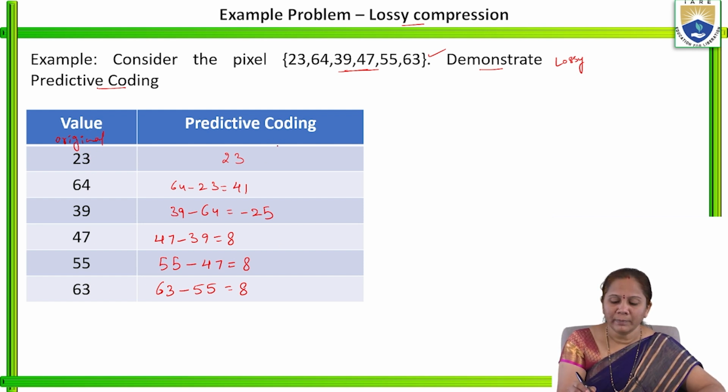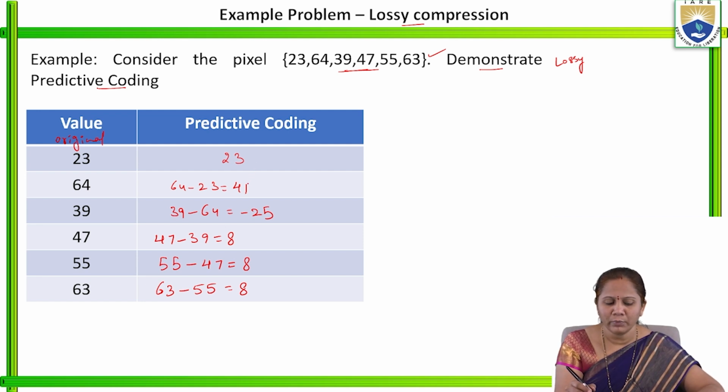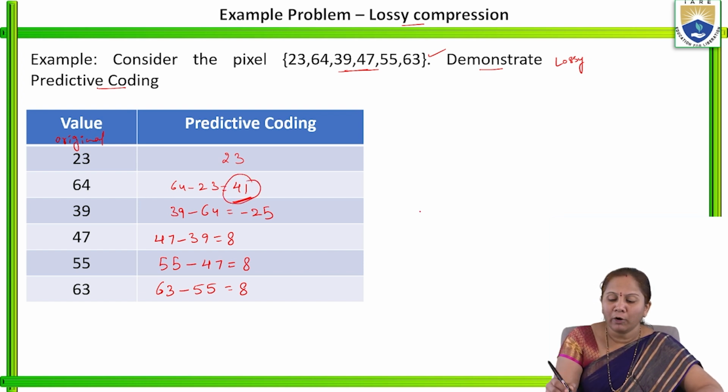So first let us see the predictive coding. What is the maximum value? The maximum value here is 41.